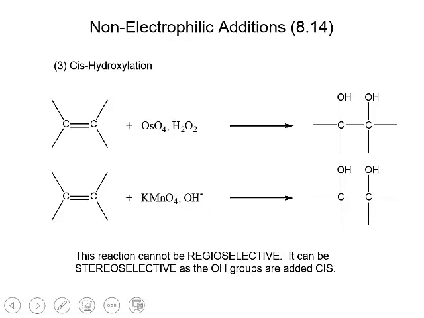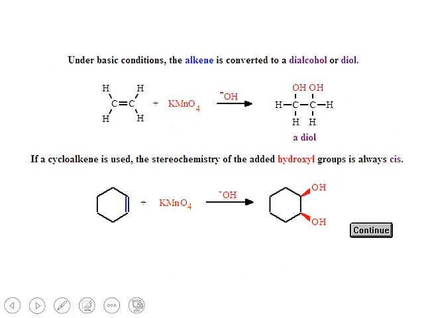How does that happen? 2 ways to do it. One is osmium tetroxide and peroxide. The other is KMnO4 and base. So base just means the pH is above 7. KMnO4 is the purple reagent you used in like Gen Chem lab for titrations. You can add it to aquariums because it oxidizes all the loose organic crap and turns the aquarium nice and clear.